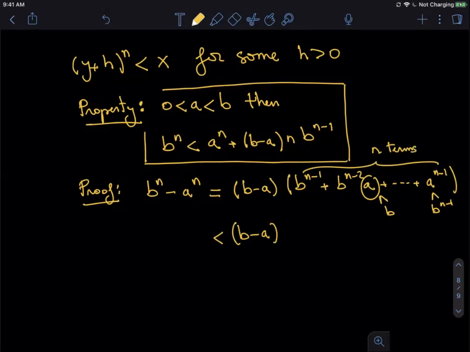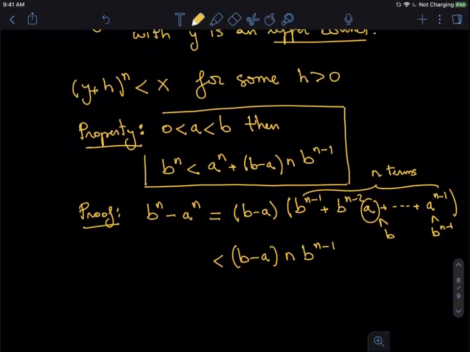You see what happened? The first is b^(n-1), the second is b^(n-2) times b, and so on. We will always have a power n minus 1. So this is less than n times b^(n-1). And that's what we wanted to prove. Because now we can move this a^n to the other side, and we are good to go.